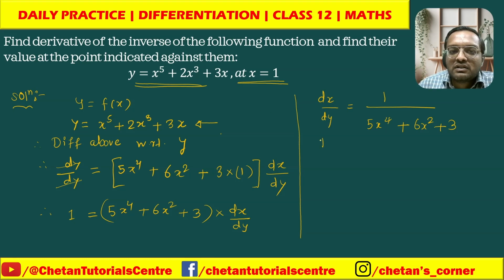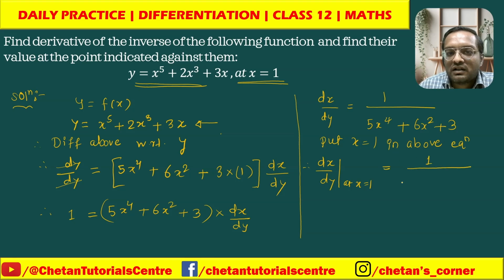So I will put x is equal to 1 in the above equation, and what will I get? The value of dx by dy at x is equal to 1 will be 1 upon 5 into 1 raised to 4 plus, I will replace all x with 1. So what will I get? 5 into 1 raised to 4 plus 6 into 1 raised to 2 plus 3.